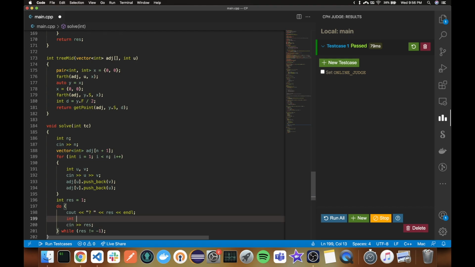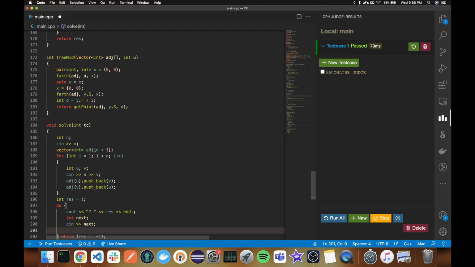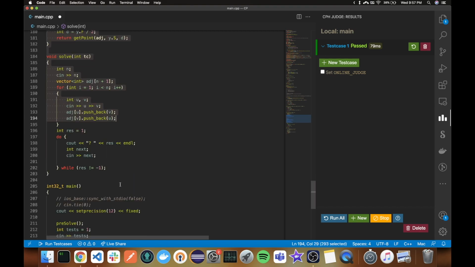Okay, next I'm gonna input that, and now I have to remove the vertex. Now I have to remove such that result. Wait, I think I found out the proof why this will work also.